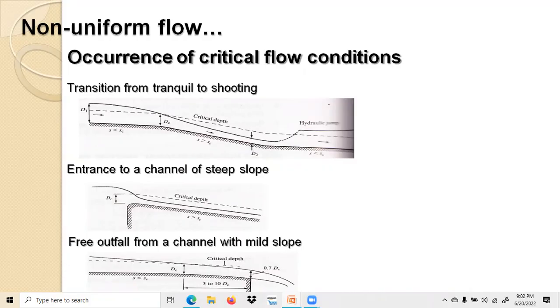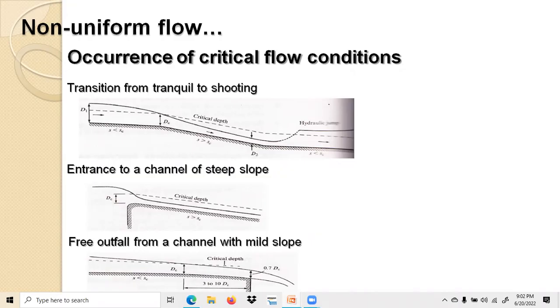Now we know that for a given channel with a particular discharge, the critical depth for a rectangular channel is given by the cube root of Q squared divided by g. When Q is constant and g is constant, then the critical depth has to be constant, correct?